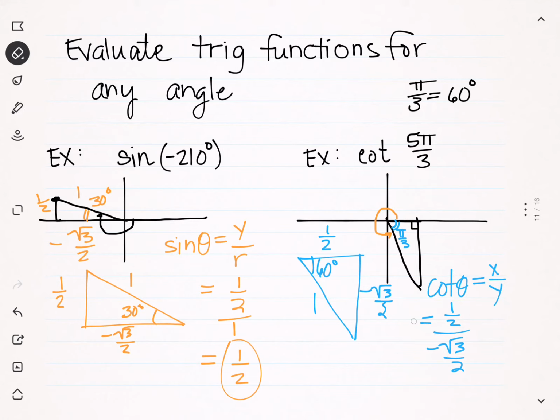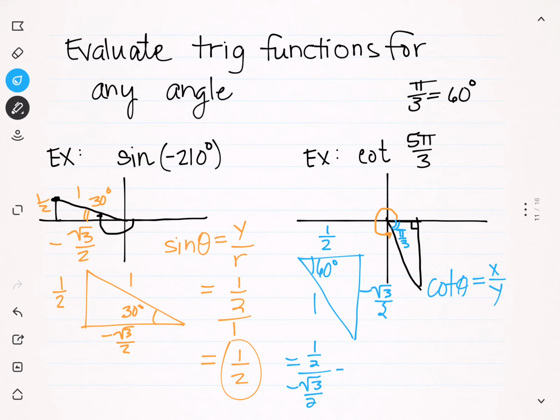Actually, let me rewrite this because I'm running out of room here. We had x, which was 1/2, divided by y, which is negative root 3 over 2. We want to flip and multiply, so negative 2 over root 3. That's going to give us negative 1 over root 3.